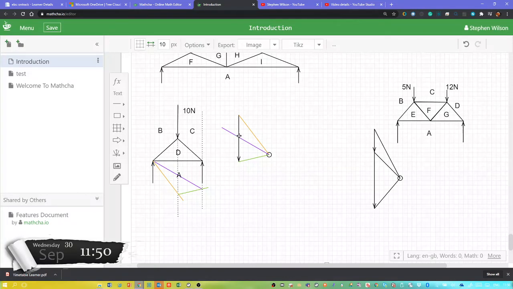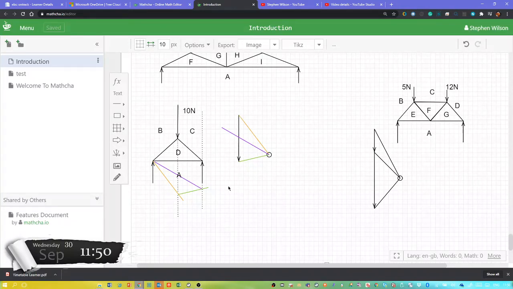Where the purple line crosses our original vector shows us where the reaction forces are. From here to this point is one reaction force, and from here to this point is our second reaction force.